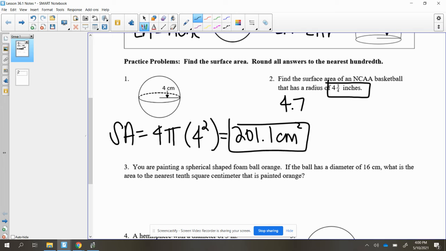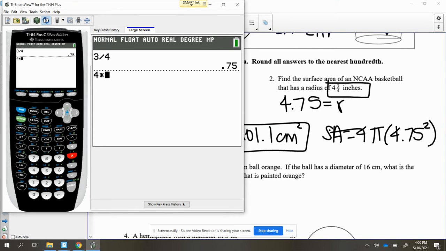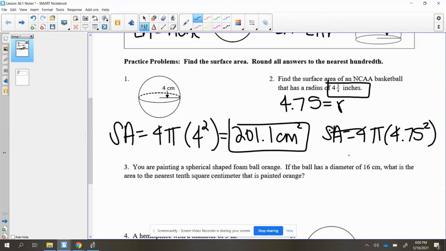So when we plug in for the total surface area of our basketball, which is a sphere, we would have 4 times pi times our radius squared. So 4 times pi times that radius value of 4.75 squared. We get a total of 283.53 square inches.